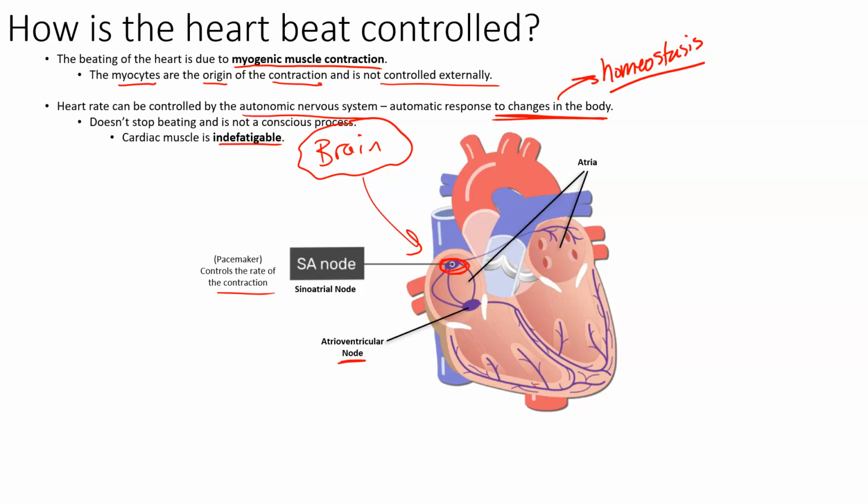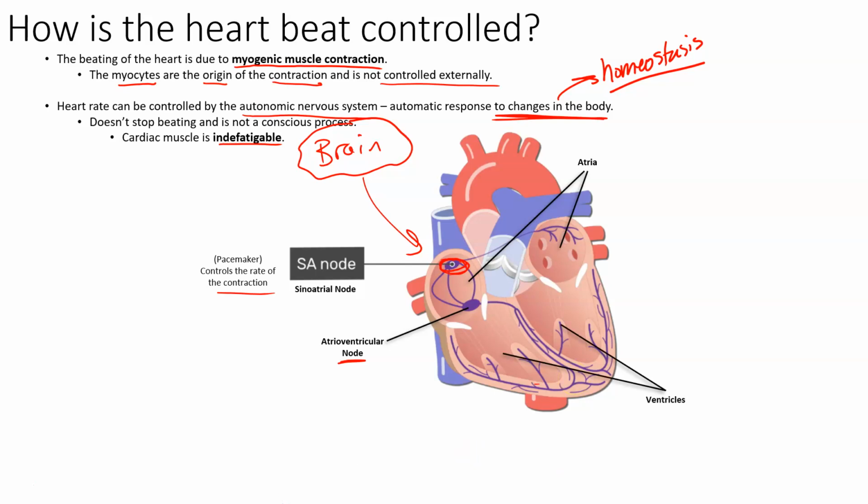Remember that the atrioventricular valves are the valves sitting right between the atria and ventricles, and they're designed to prevent the backflow of blood from the ventricles into the atria when the ventricles are contracting. So you have the SA node, you have the atrioventricular node, and you have the nerves linking the SA node and the atrioventricular node. The atrioventricular node is then going to relay the impulse from the SA node to the ventricles.